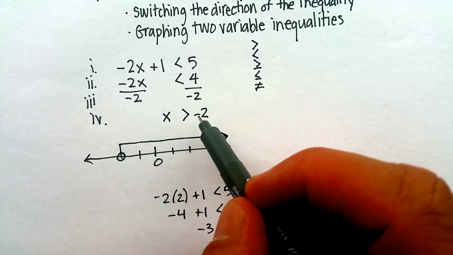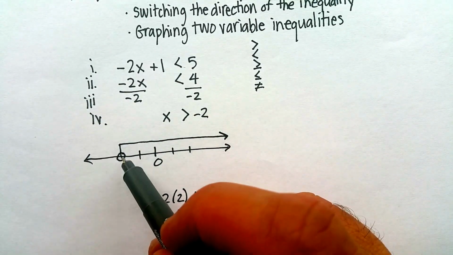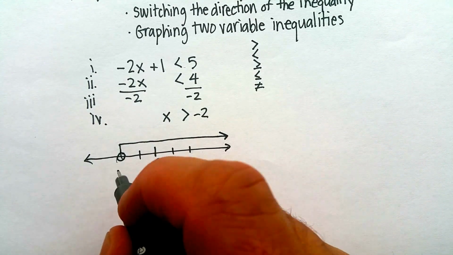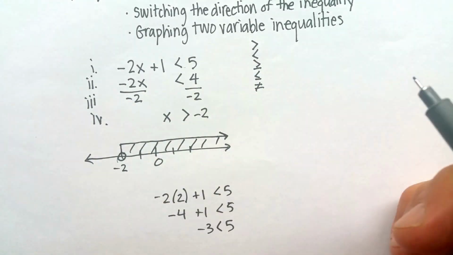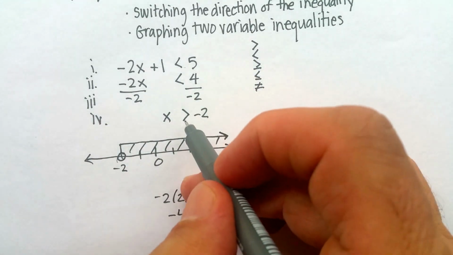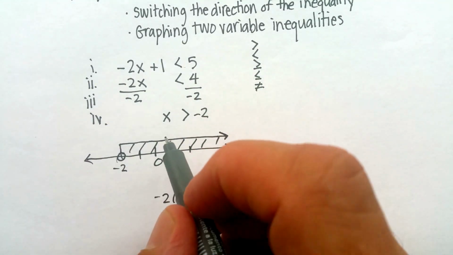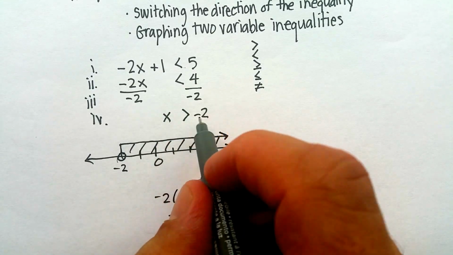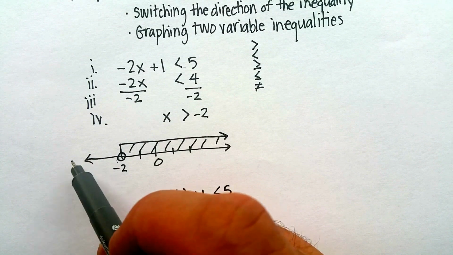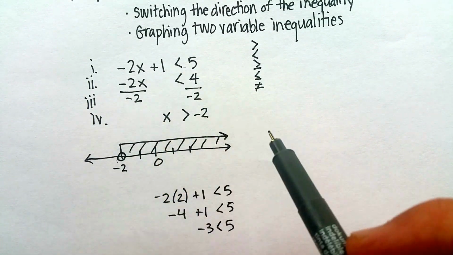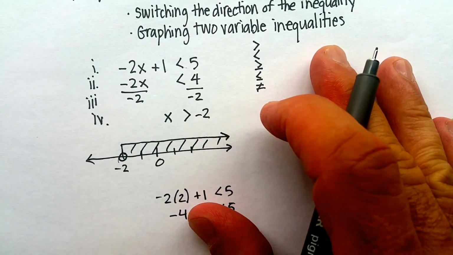So according to this, everything on this side of the open -2 should actually fulfill this problem. And it's a good thing that I went ahead and switched that direction, because if I hadn't, I would have x is less than -2 going in that direction, and any number down here would not have filled this problem in. Let me just check it to make sure.